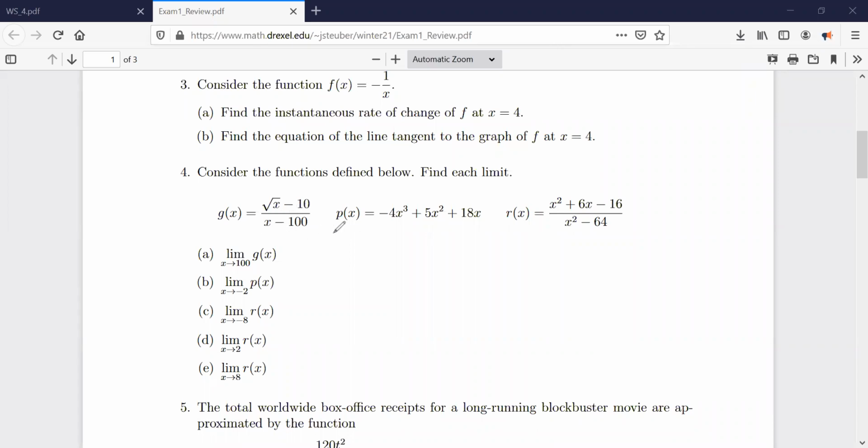But I can basically change g of x to be equal to this, x minus 10 times the square root of x plus 10. This cancels with this at almost every point. So if I plug in 100 now, I get 1/20. Does that make sense to people? Yeah. Cool.